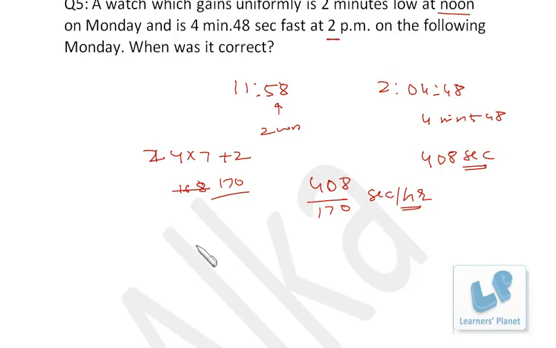So it will take 120 by 408 into 170 hours to gain 120 seconds, and then it will show the correct time. The problem is quite similar to the previous one, right?